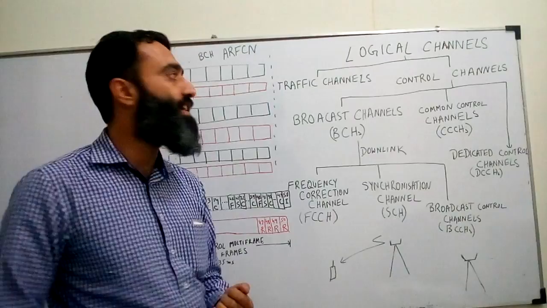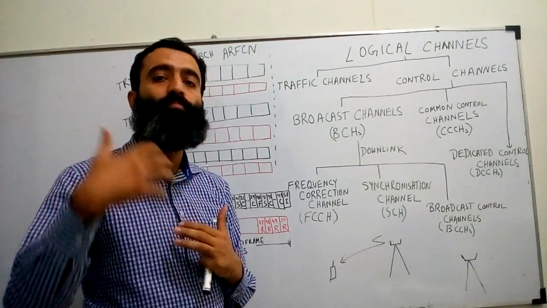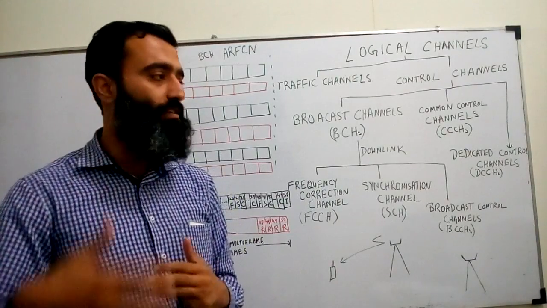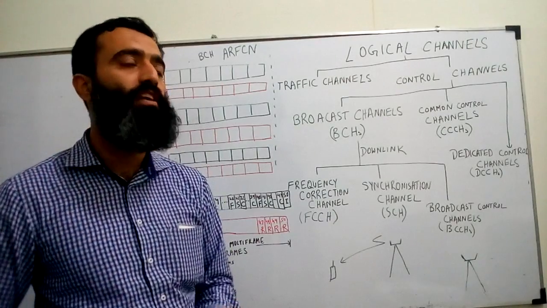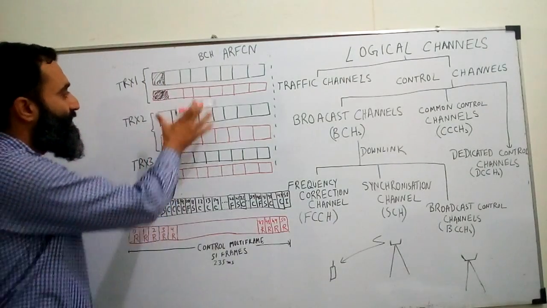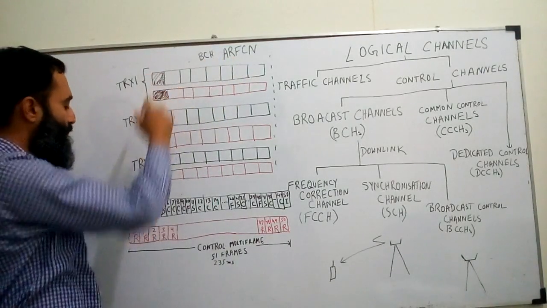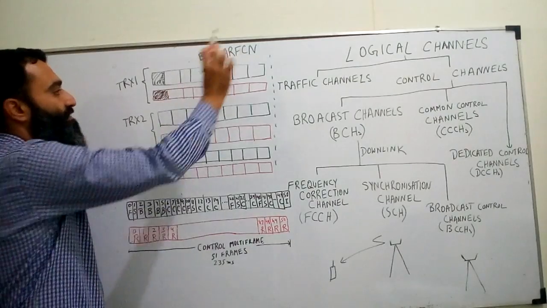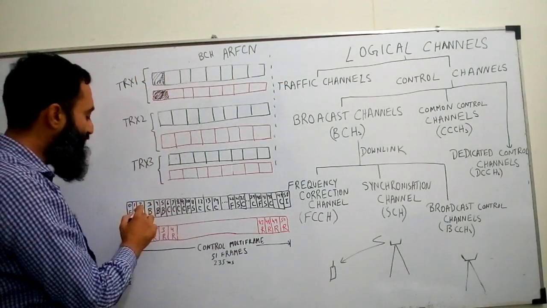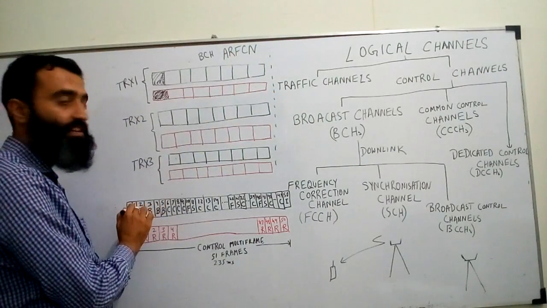Now we come to the question of how these channels are mapped on the first time slot. These channels are basically mapped on the first time slot in a time multiplexed mode. What do I mean by time multiplexed mode? This means that, for example, this is the first time slot of the first frame, and then here is the first time slot of the second frame of TRX1, and then the third frame and its first time slot.